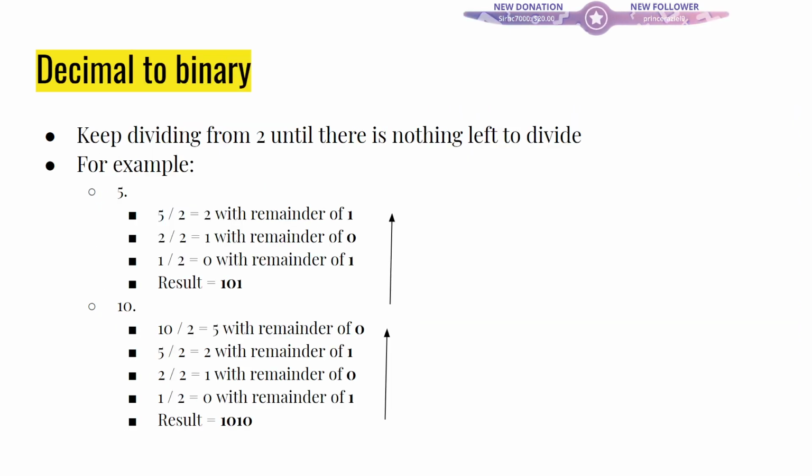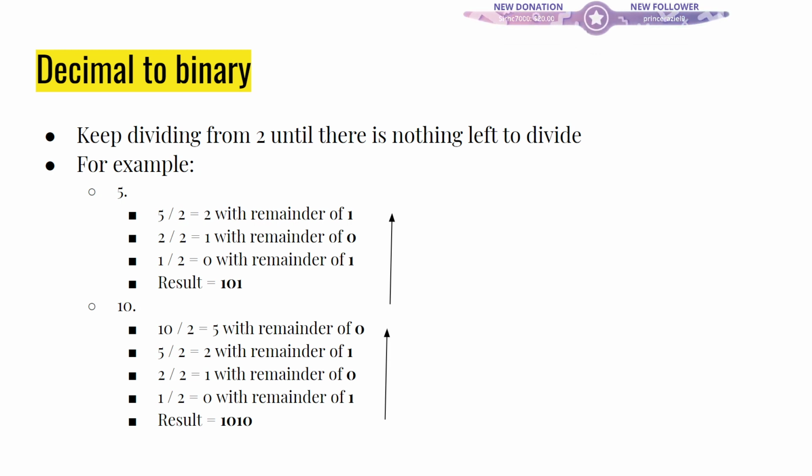And if you want to do the opposite, to convert a decimal into binary, you keep dividing by 2 and take the remainder. That's the most important part. So if I want to convert 5 into binary, I divide 5 by 2, then the remainder is 1 and the whole part is 2. Then I divide 2 by 2, and I get 1.